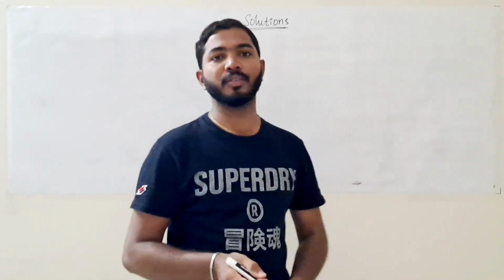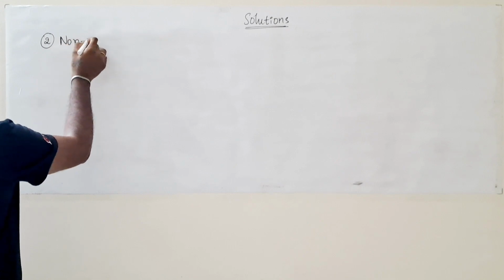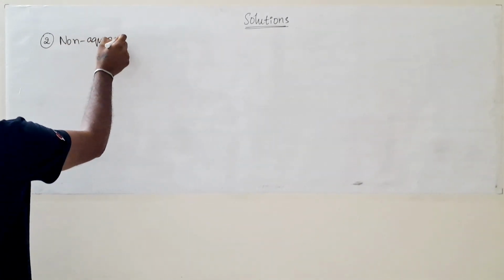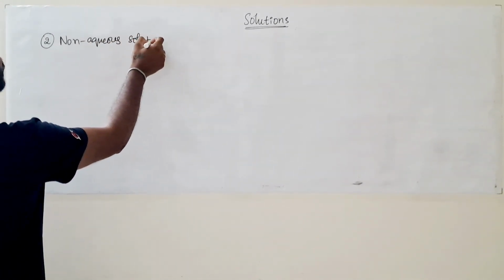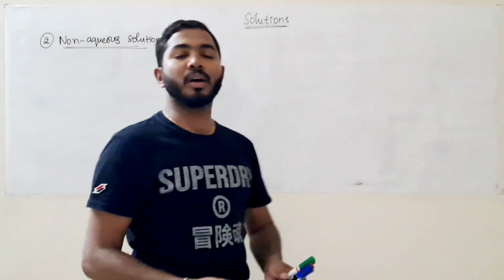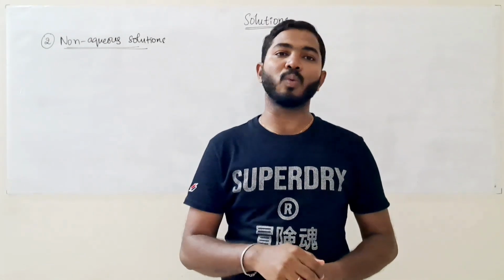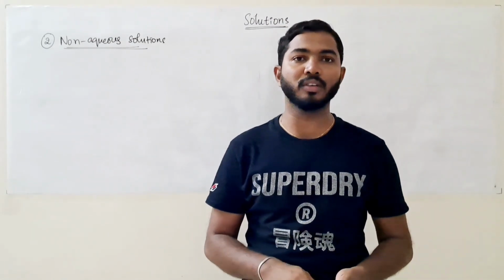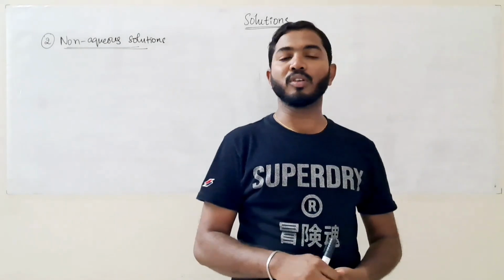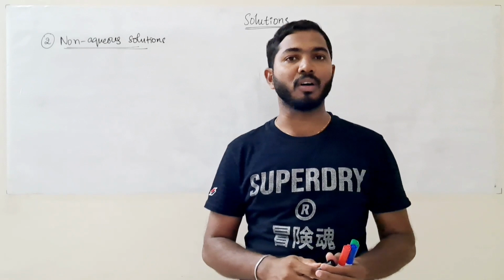Okay, let's continue. The second type of solutions are non-aqueous solutions. These solutions are quite opposite to aqueous solutions. Generally, we use water as a solvent in aqueous solutions, whereas in non-aqueous solutions, other than water, we can use any of the organic solvents.